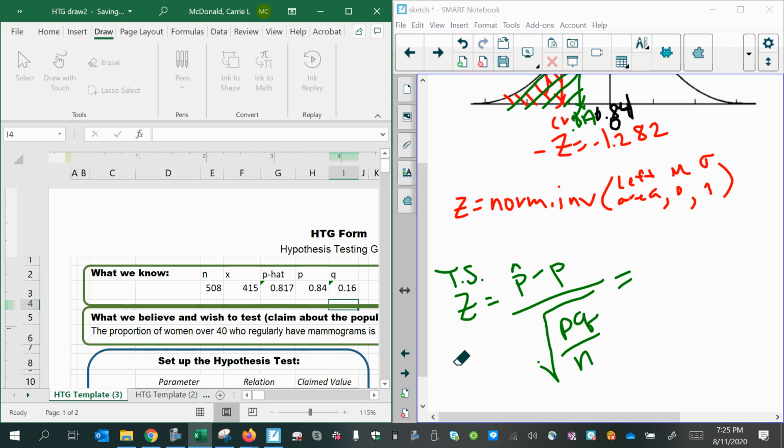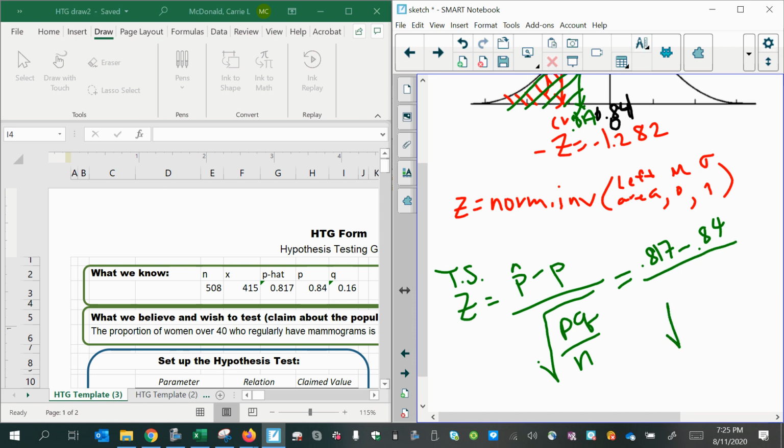Okay, so when we go to calculate our sample statistic into a z-score, we will have 0.817 minus 0.84, and then divided by the square root of P, 0.84, times Q, 0.16, and all divided underneath the square root by the sample size of 508.